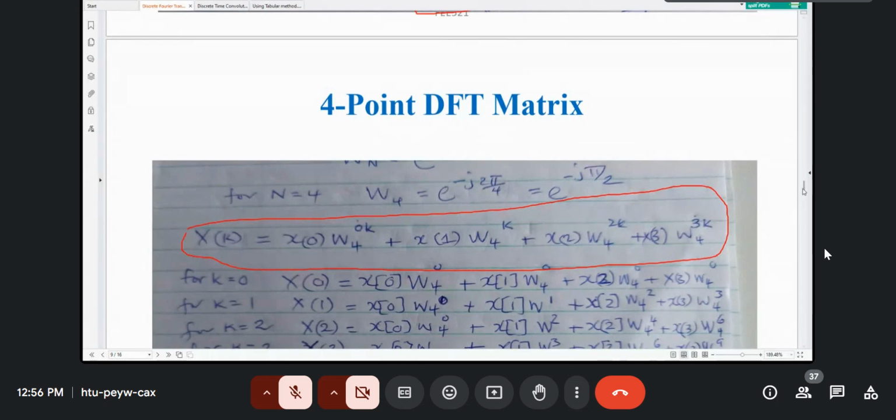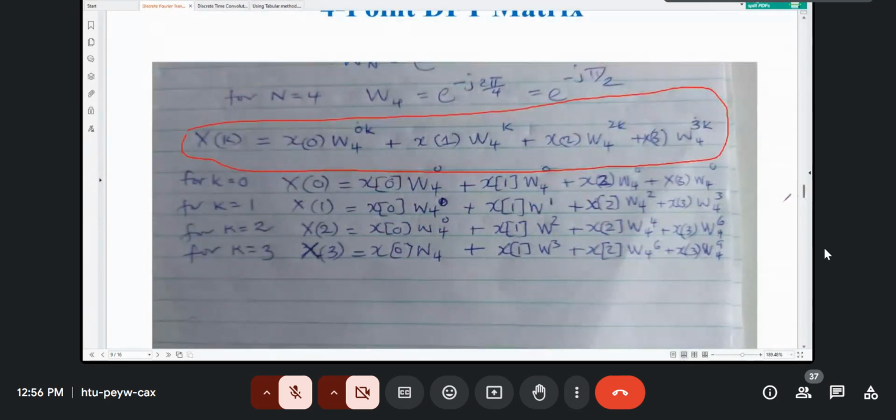So from this, you can work out for k equal to 0, it will give you this.